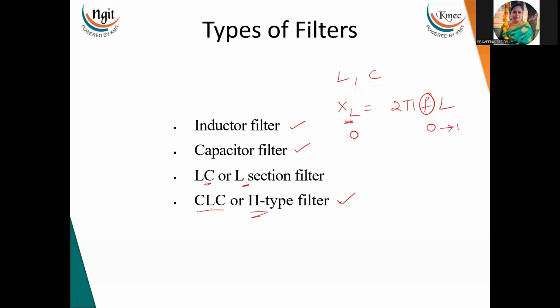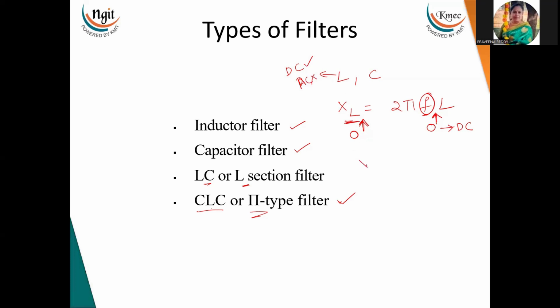DC has frequency 0, so the inductor allows the DC component; it is not opposing it. As the frequency increases, the inductive reactance also increases, so it tries to oppose the AC component. With this, we understood that the inductor passes the DC and opposes the AC.